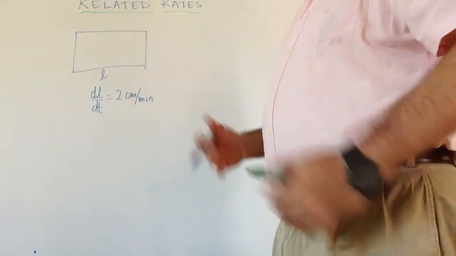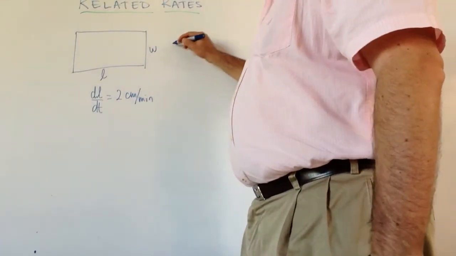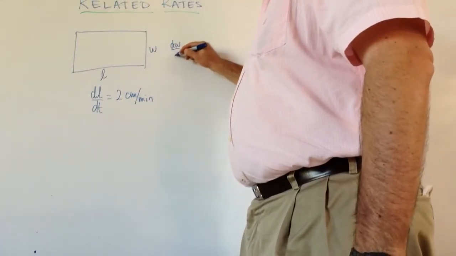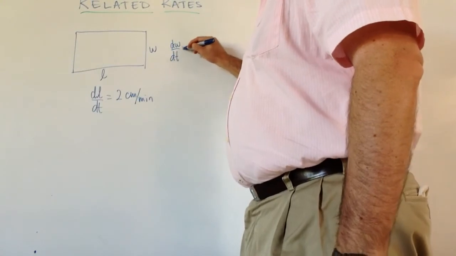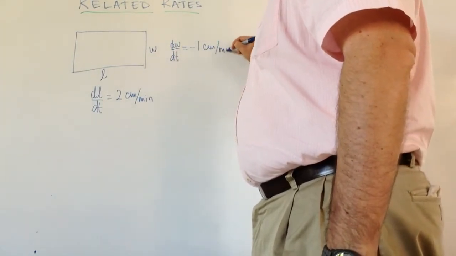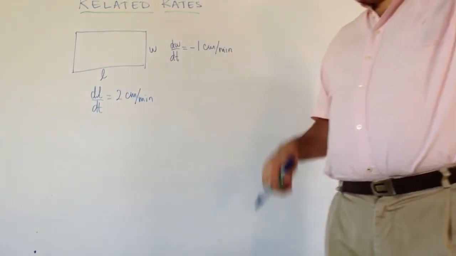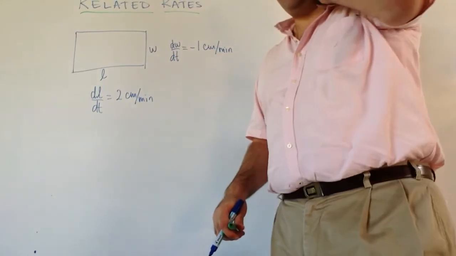Okay, it's positive, so it's increasing. And the width is going to be changing at negative 1 centimeters per minute. Okay, it's decreasing because the rate of change is negative.